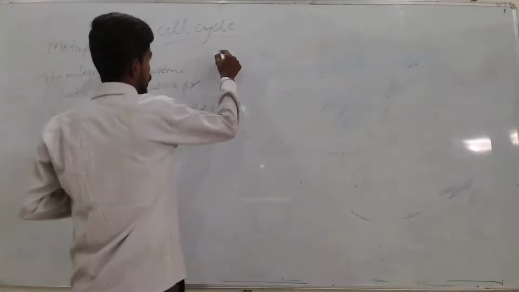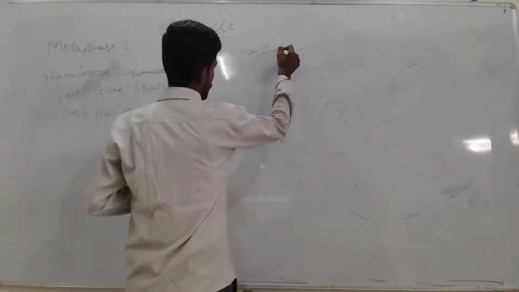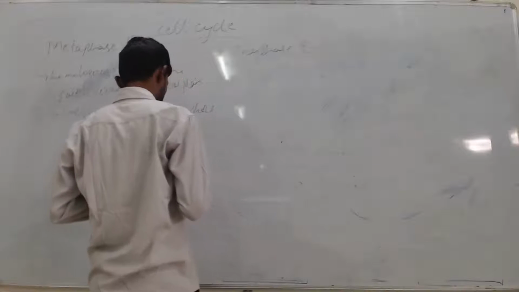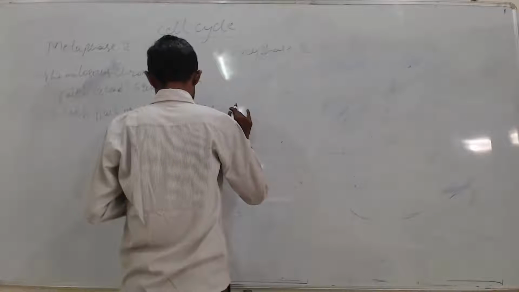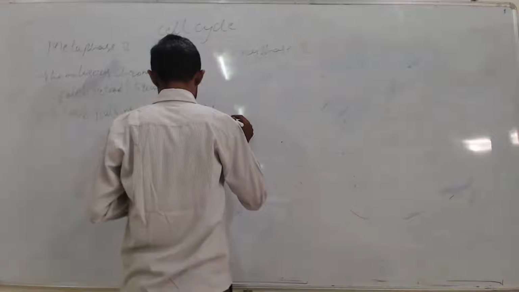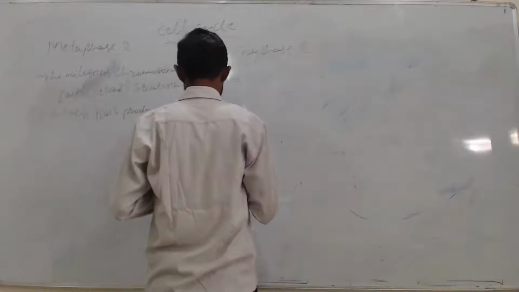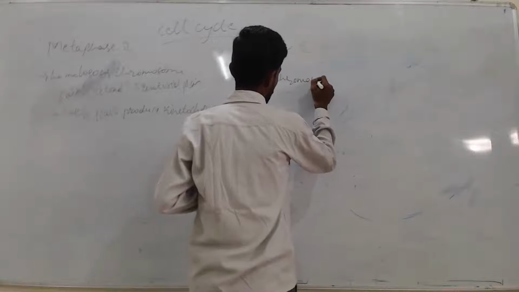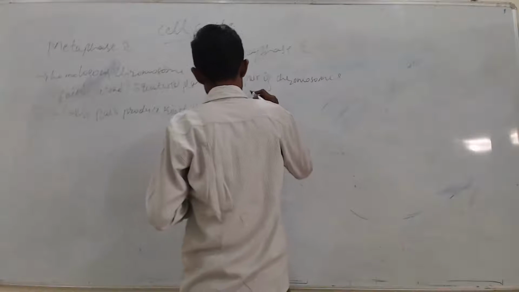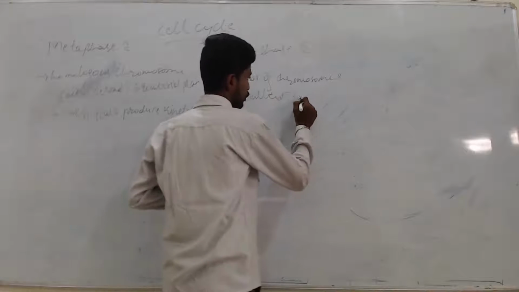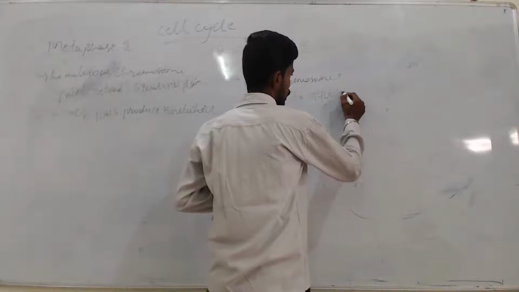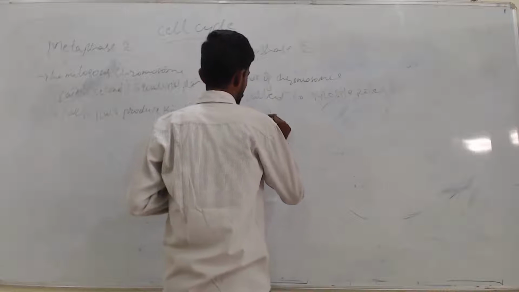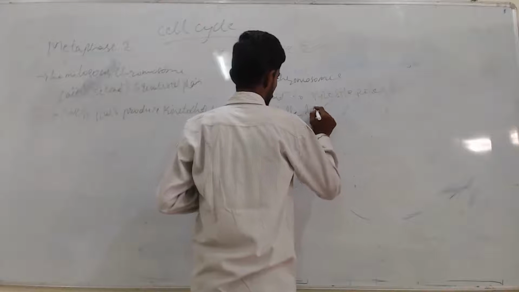And the next is anaphase 1. In anaphase 1, you can see the homologous pairs of chromosomes, not sister chromatids, are pulled to opposite poles of the cell by spindle fibers.